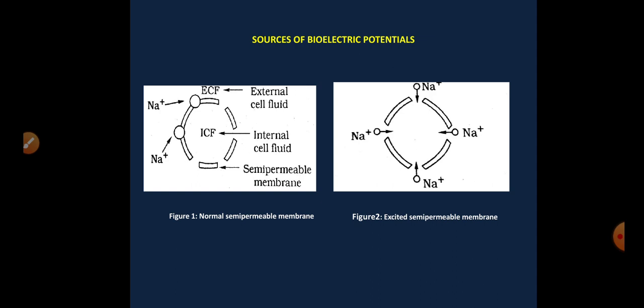From figure 2 you can observe that the size of the holes of the semi-permeable membrane has increased, and the sodium ions, which are in more concentration outside, can freely enter into the cell. After stimulation of the membrane, all the sodium ions can enter inside due to the increased diameter of the pores. So now we can say that the cell has been depolarized, which gives the action potential, right?